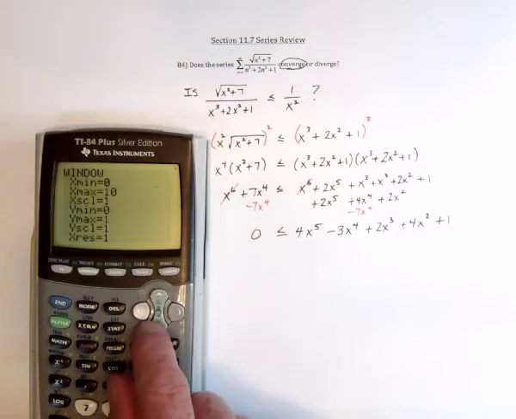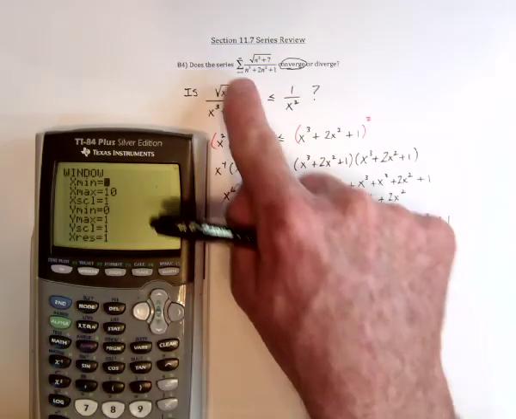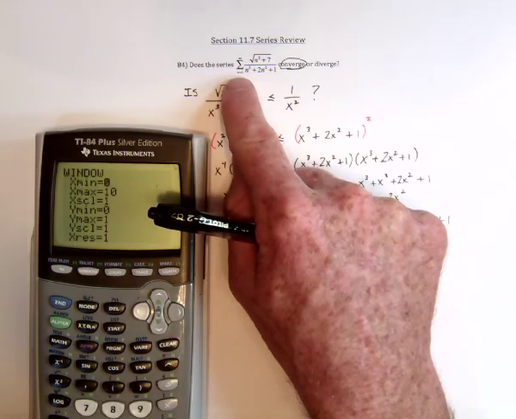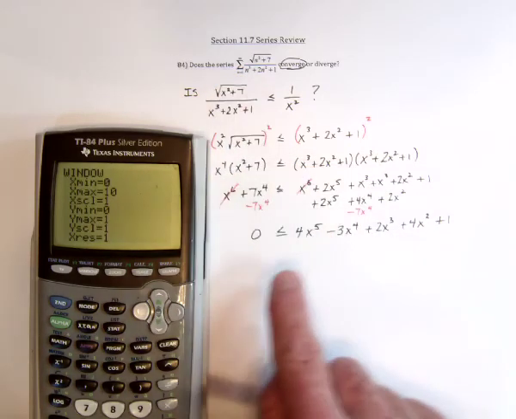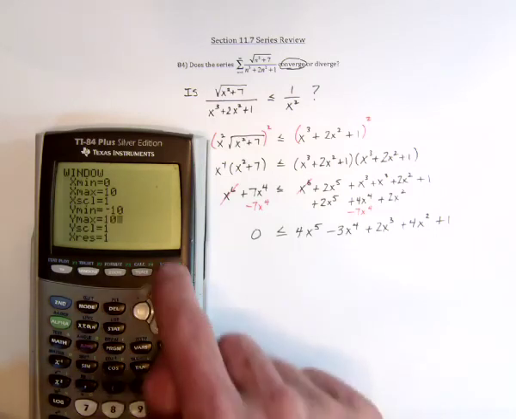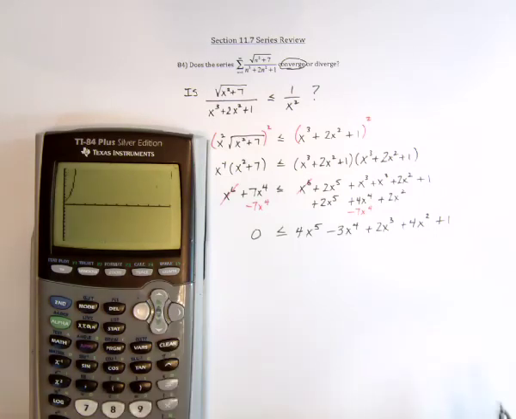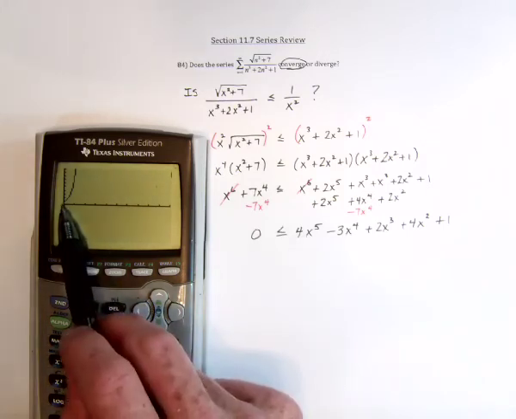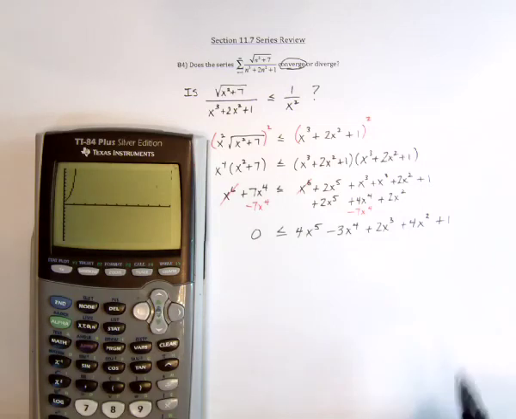And then we need to know, starting actually at 1, so from 1 on, or actually from some point after 1, is it true that this polynomial is positive? So I need to be able to look at negative and positive values, so maybe I should just go from negative 10 to positive 10. And, oh yeah, x to the fifth dominates this thing from the very beginning. It never even lets it be negative at all.